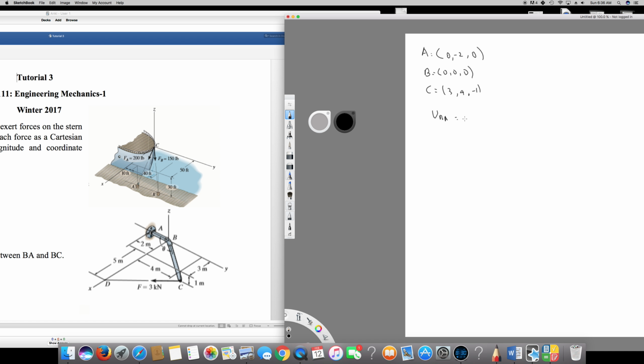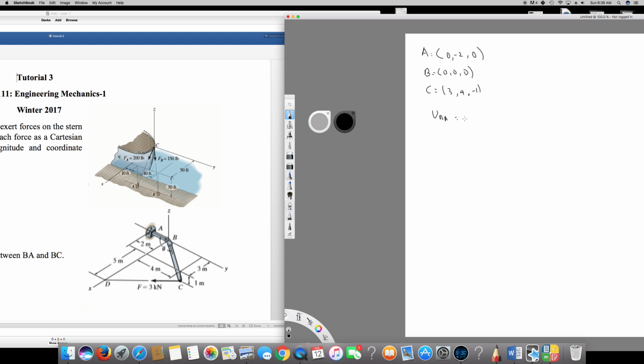So this is 0i plus 2j, and then 0 minus 0 is 0, 0k. If I divide it by the magnitude, the square root of 2 squared, which is 2 itself, it's going to be j.